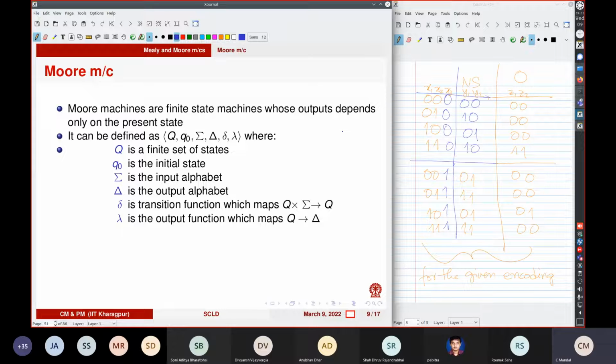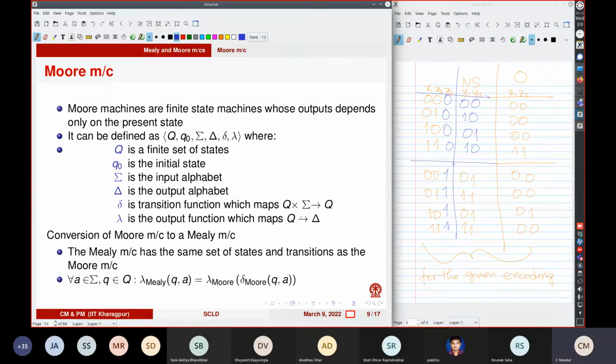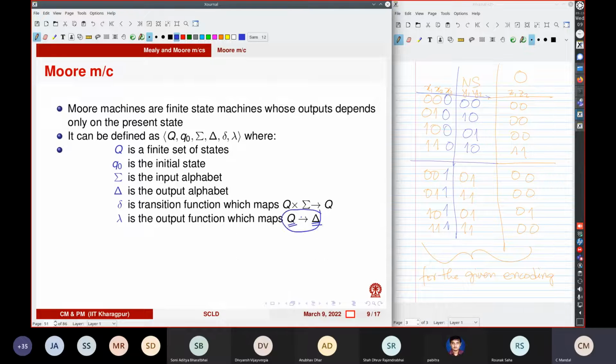And the important part is, of course, here that the output depends only on the present state.